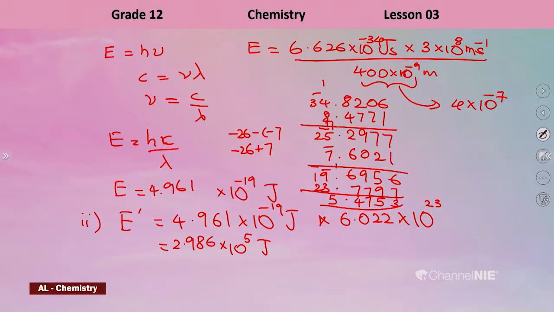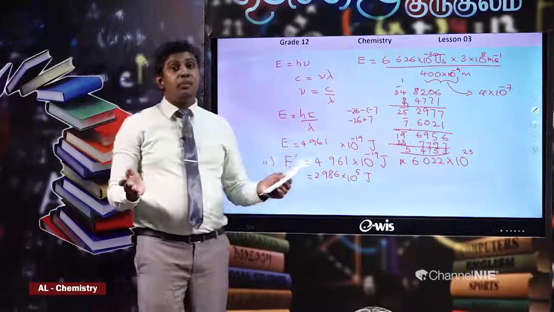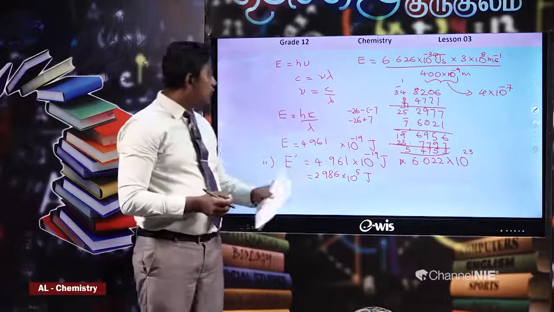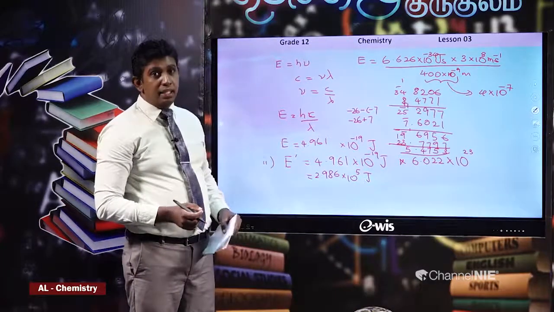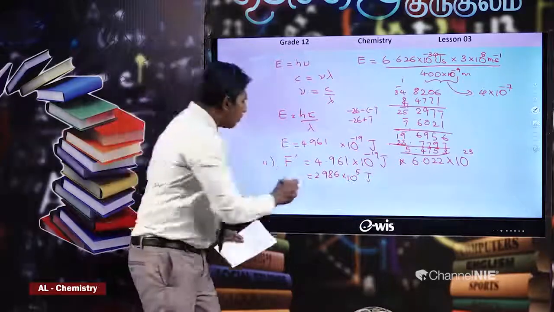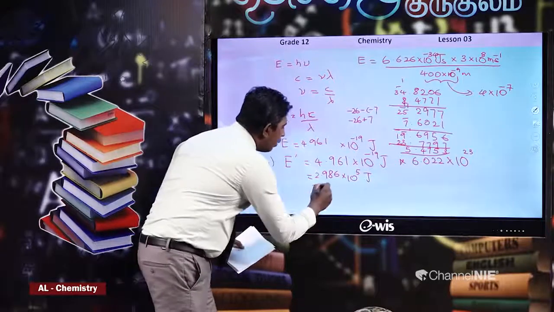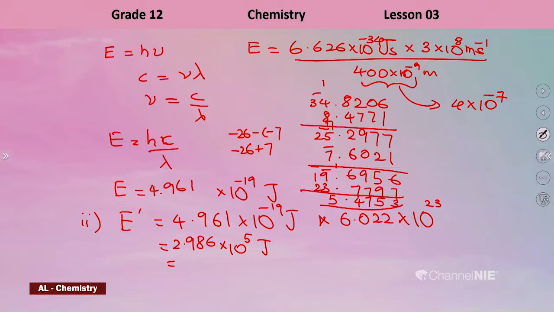Okay. Finally, we have found the answer standing for 1 mole of photons in joules, as 2.986 into 10 to the power 5. So you could transform this into kilojoules. So it's then, students, 298.6 kilojoules.